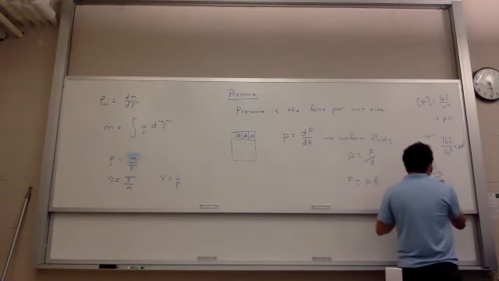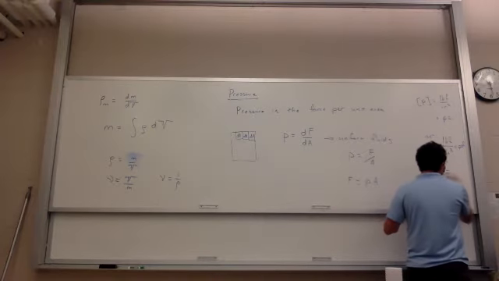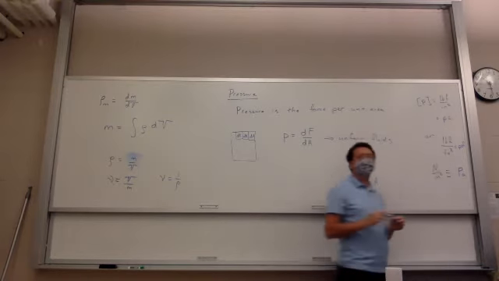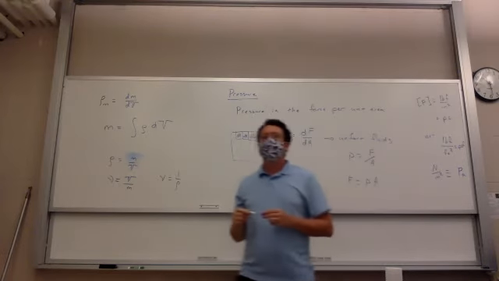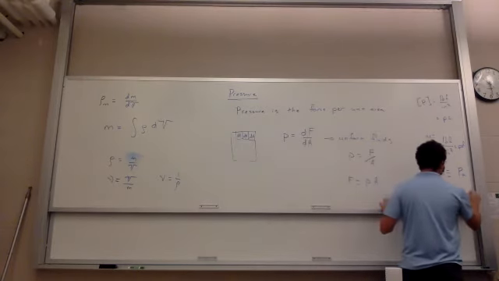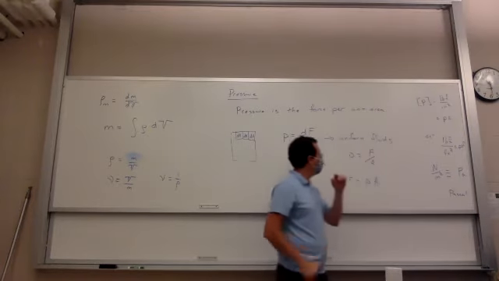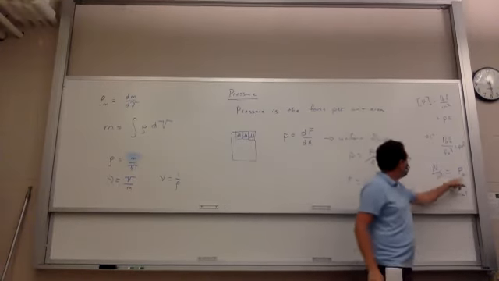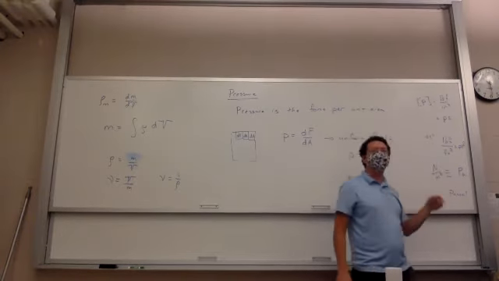And that we give a name. It is defined to be a Pascal. And the symbol for that is Pa, Pascal. So 1 Pascal is 1 Newton per meter squared.